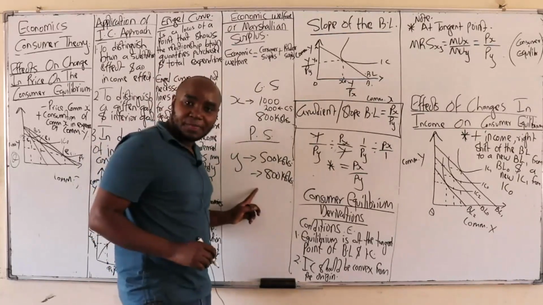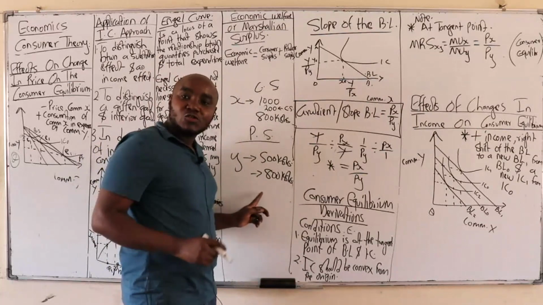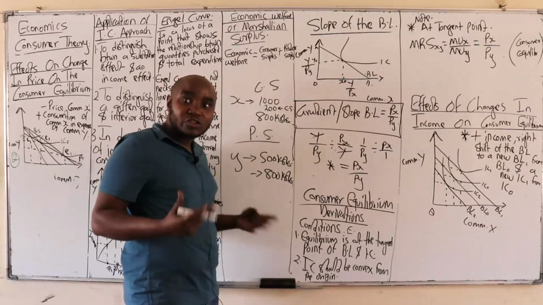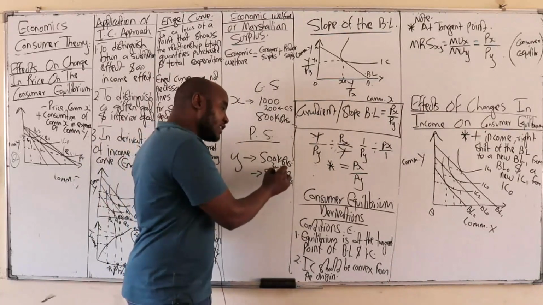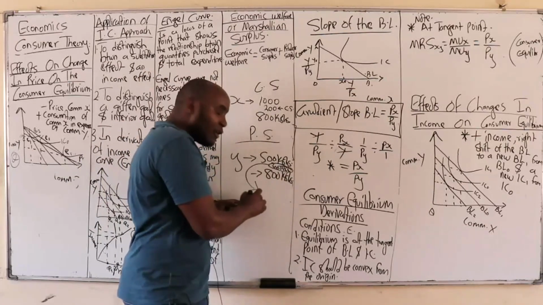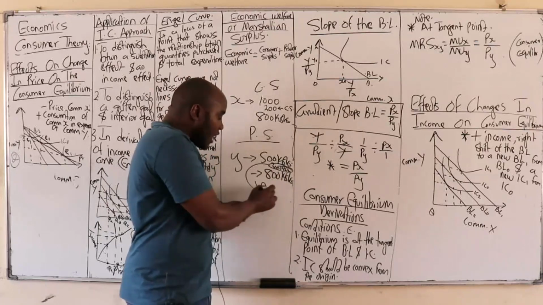Are you together? It means that to you, there is a surplus you were not expecting, a gain of 300 Kenya shillings. And this 300 is now regarded as the producer surplus.